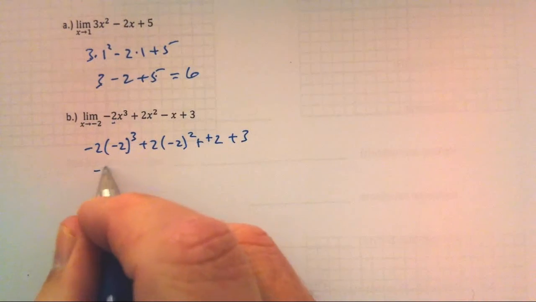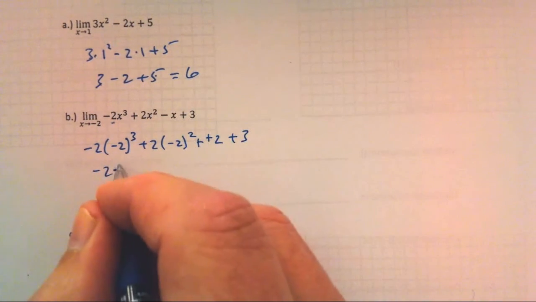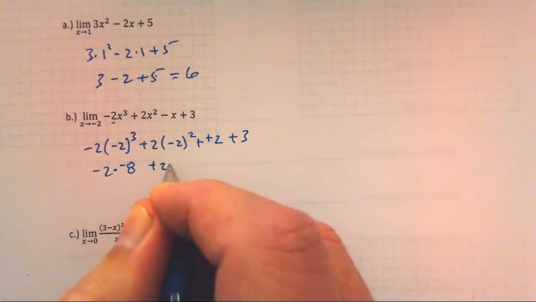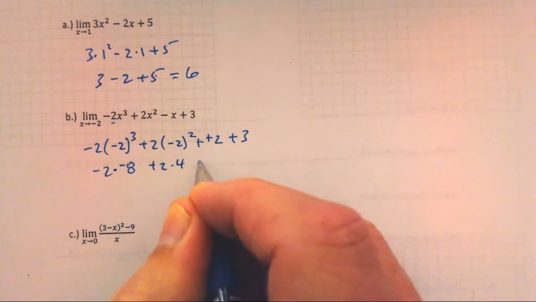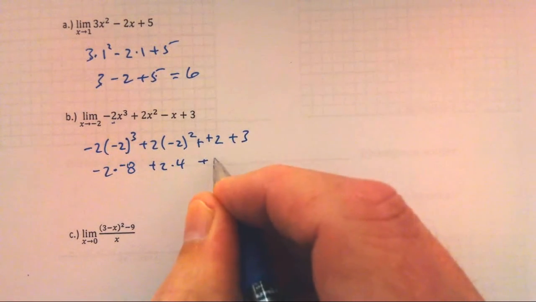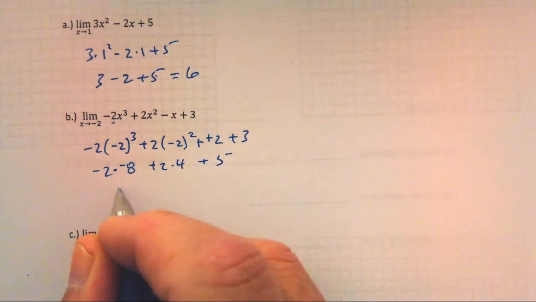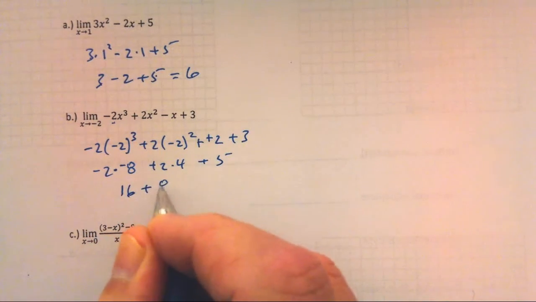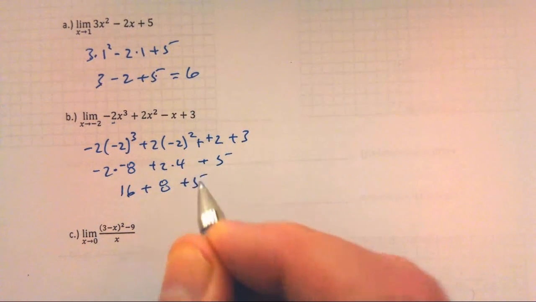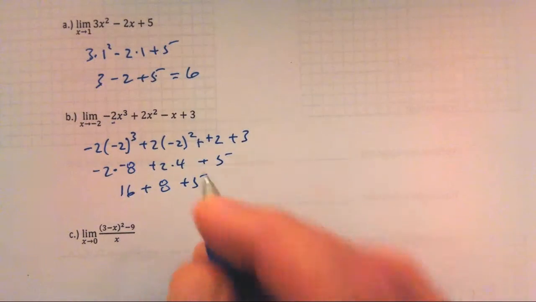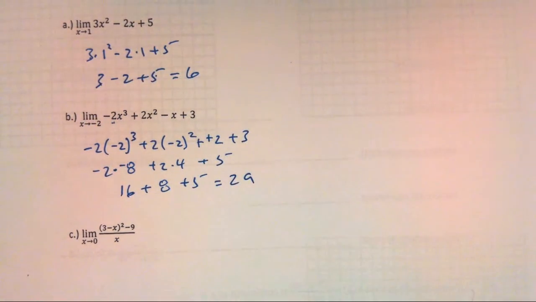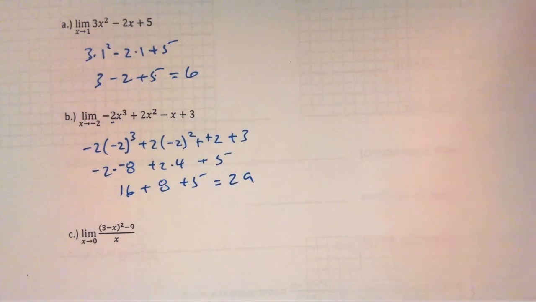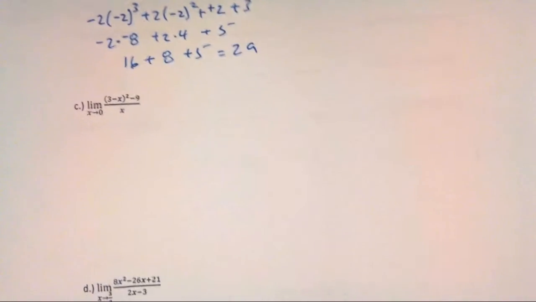Now I get negative 2 times negative 8 plus 2 times 4, plus 5, or 16 plus 8 plus 5, 24 and 5, 29. Okay, so those are the basic simple ones where we can just use direct substitution.